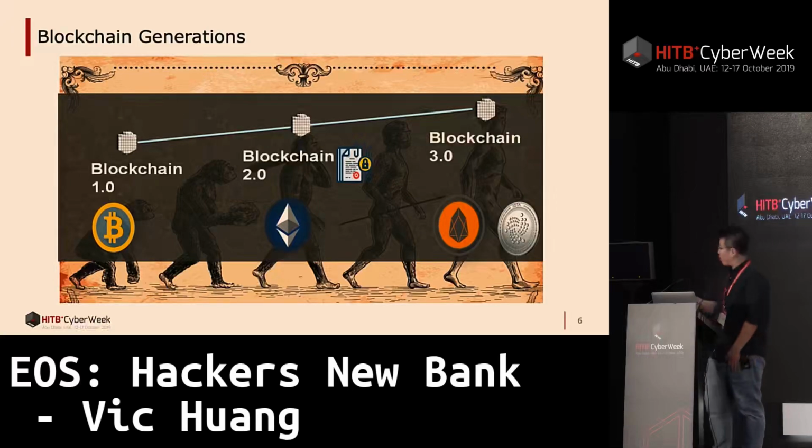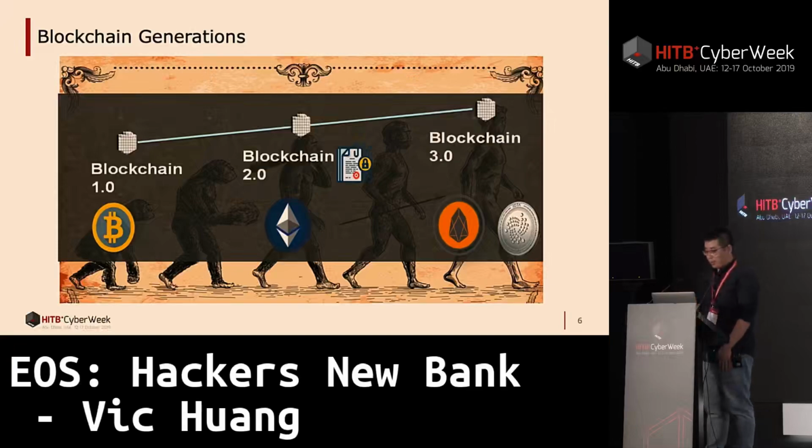The second generation of blockchain is about the smart contract, and here is the mark of Ethereum. The most important thing in generation 2 is the software developers, because the smart contract can be written by the developers themselves.